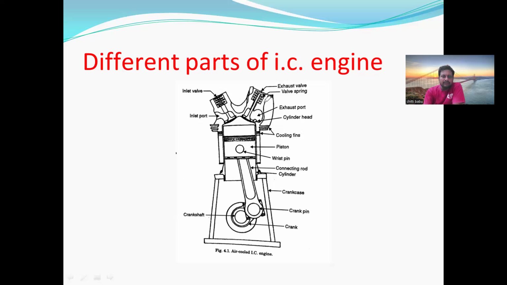These inlet and exhaust valves are operated by the camshaft. The reciprocating motion of the piston will be converted into the rotary motion of the crankshaft with the help of the connecting rod. The connecting rod connects the piston and crankshaft.